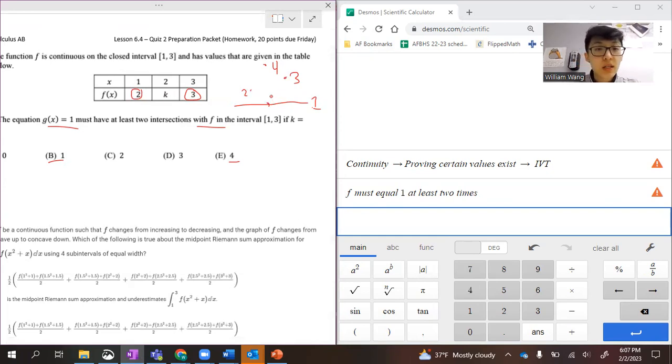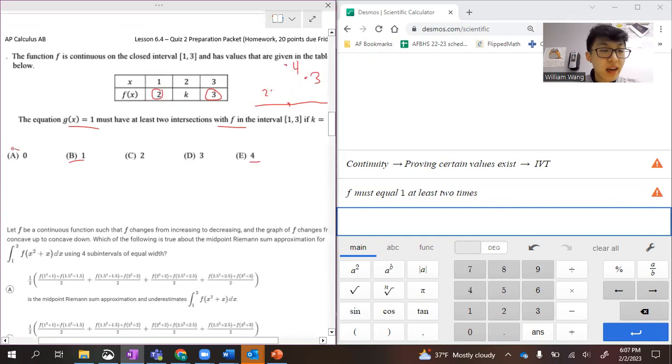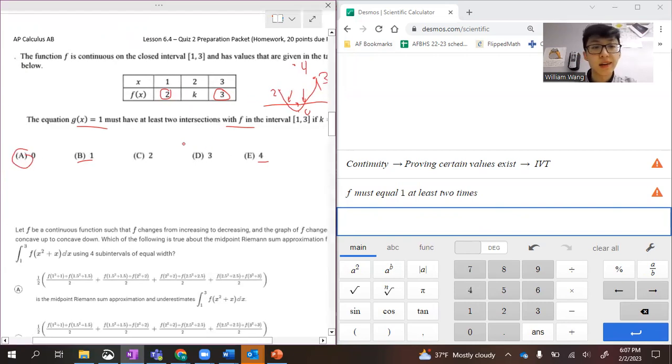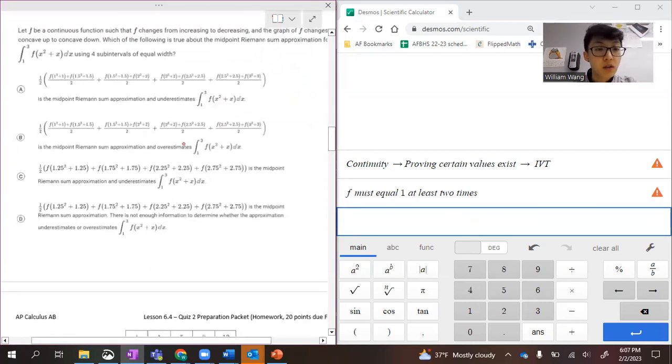My answer choice is going to be A, 0, because 2 here is going to hit 0 and then come back up. It has to touch 1 twice. Once when it's going down right here, and once when it's coming up right here. Right? So my answer choice is going to be A, 0. All right.